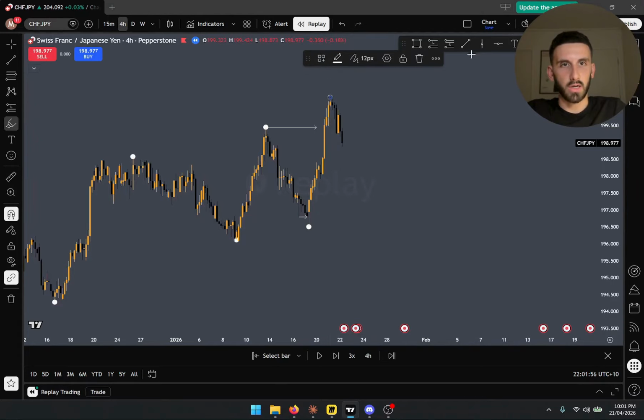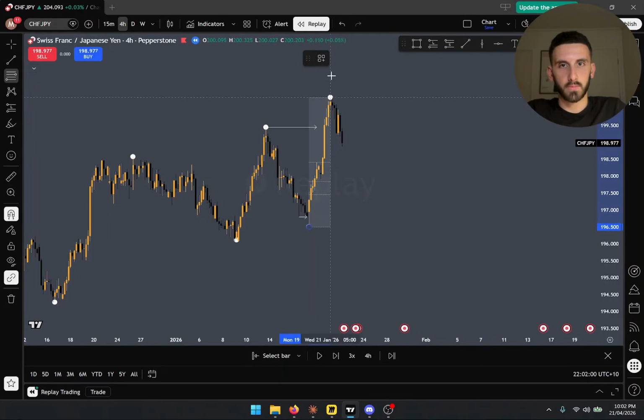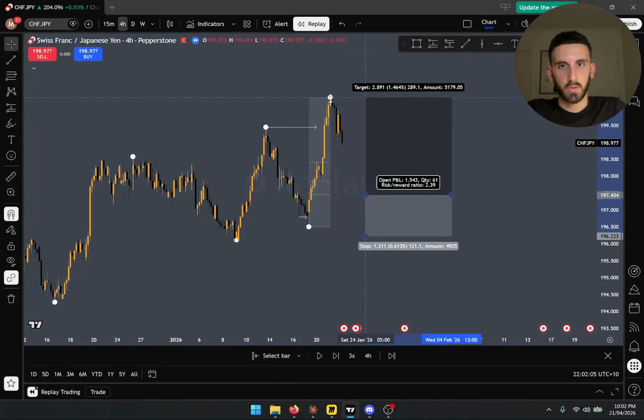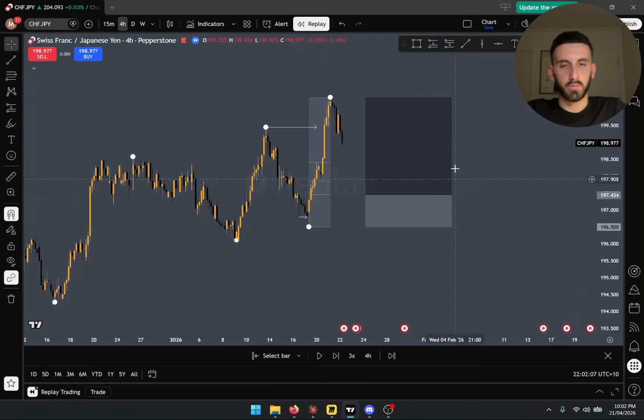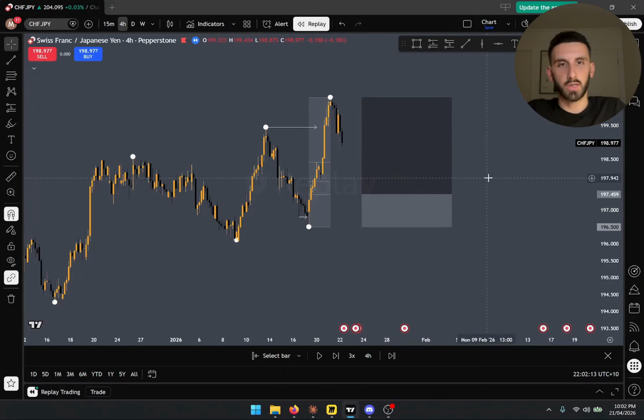Marking out this as a high, then marking out that fib level. Here we go, 3 to 1. There we go, 2.99. Close enough to 3 for me. And then we let price play out.